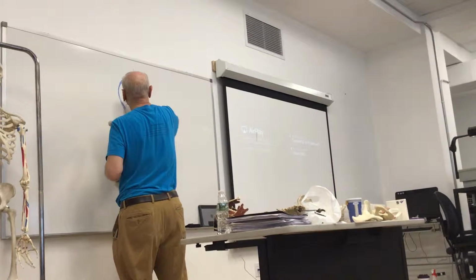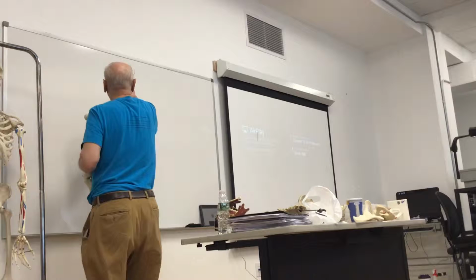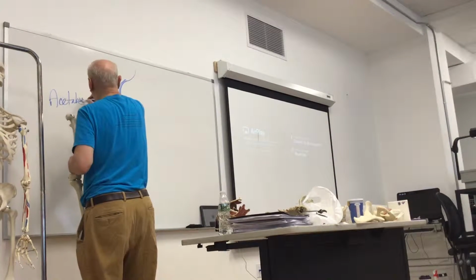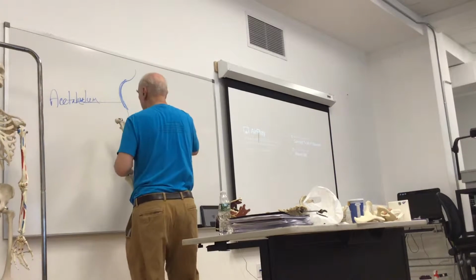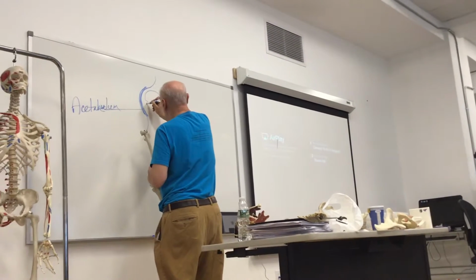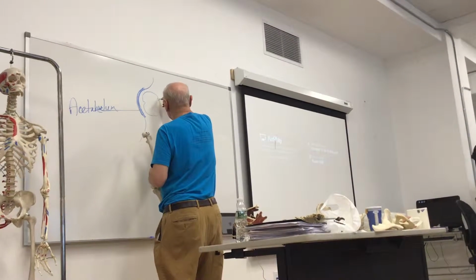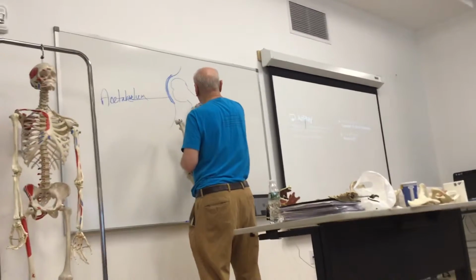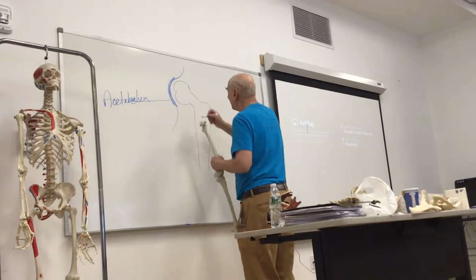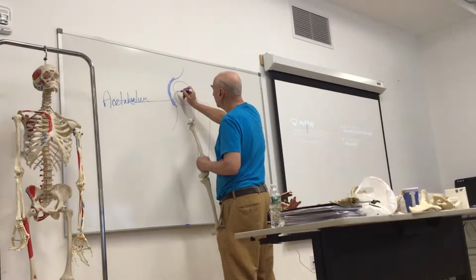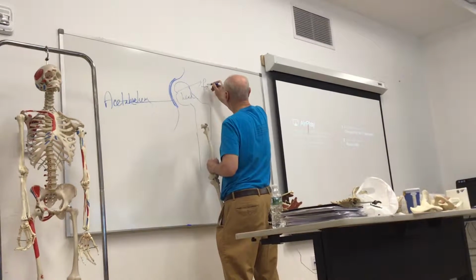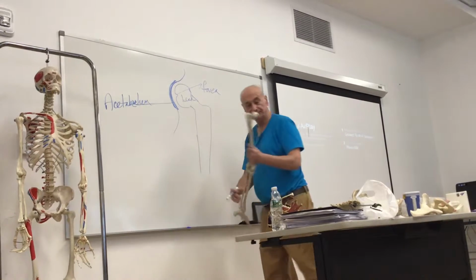This is the acetabulum. So this is just the femur, and this is the fovea on the head of the femur. This is the head. Fovea means pit in Greek.